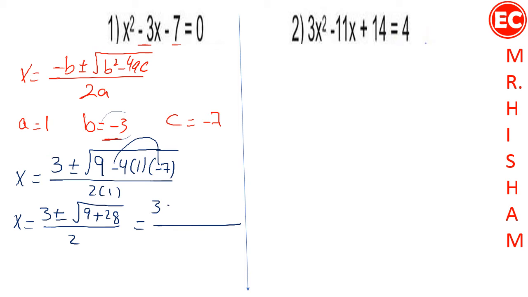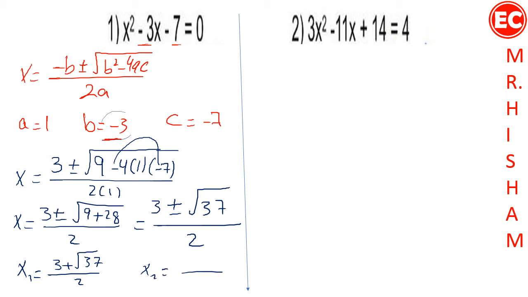So it's 3 plus or minus the root of 37 divided by 2. And as we know, 37 is a prime number, so it doesn't have a root. So we can write the two roots as x1 equal to 3 plus root of 37 divided by 2, and x2 as 3 minus root of 37 divided by 2.